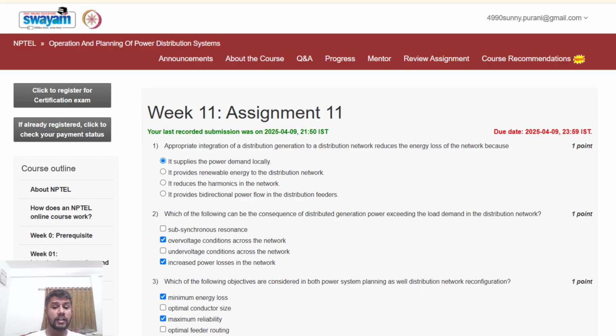So these two options are correct. You can check whether subsynchronous resonance is correct or not, but I don't want to take it as a correct option, so I am not going to take it. But more than one option can be correct. What is there in the mind of the invigilator at the time, I am right now not with him.